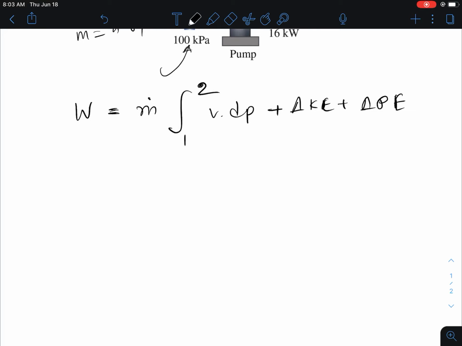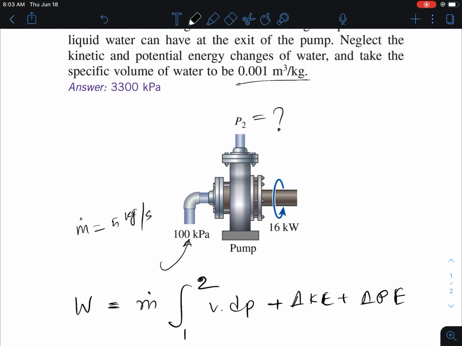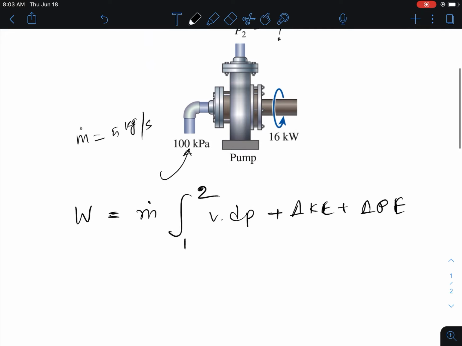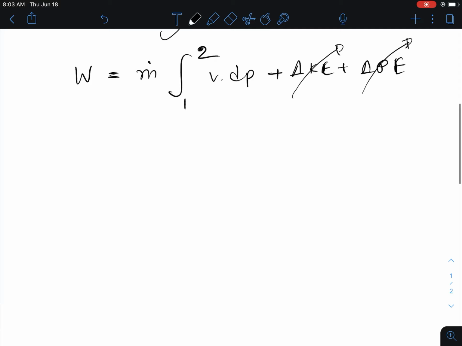We just derived this formula. However, for our case, it says to neglect the kinetic energy and potential energy change of the water. So that means we are not going to use these two terms, right? So the W pump equals integral 1 to 2 of v dp, right?